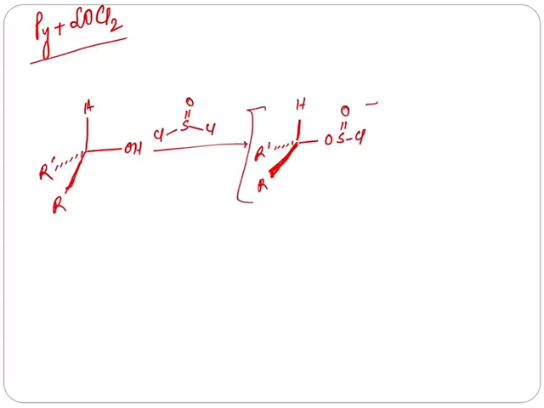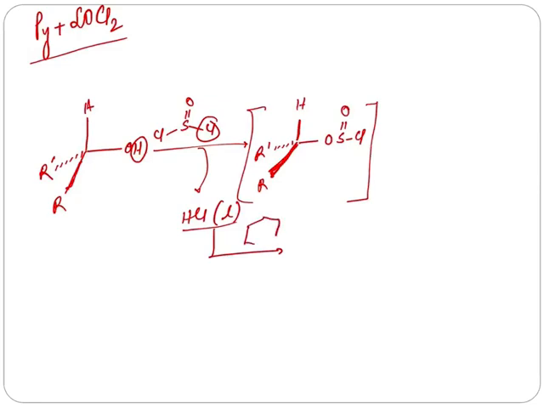Now here this hydrogen and this chlorine forms hydrochloric acid, and this hydrochloric acid reacts with pyridine to form pyridinium chloride.